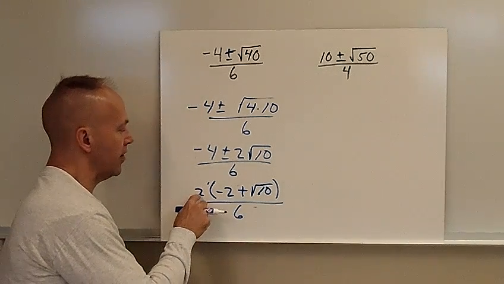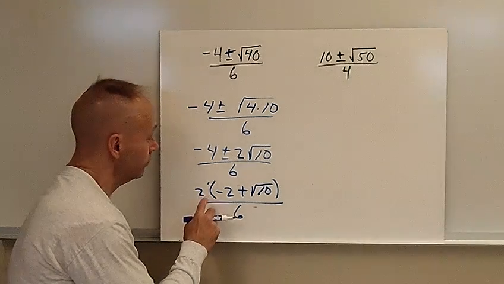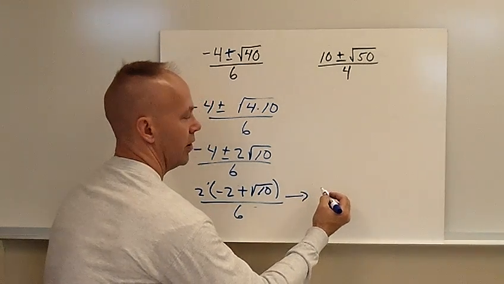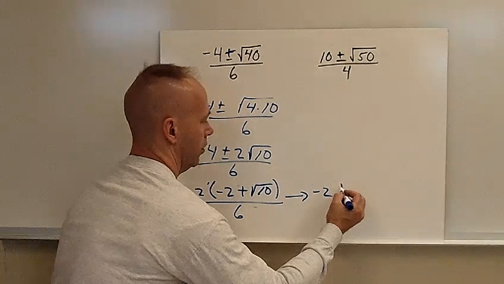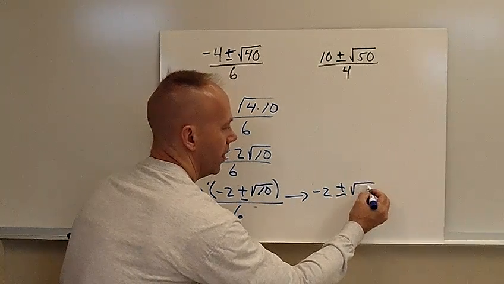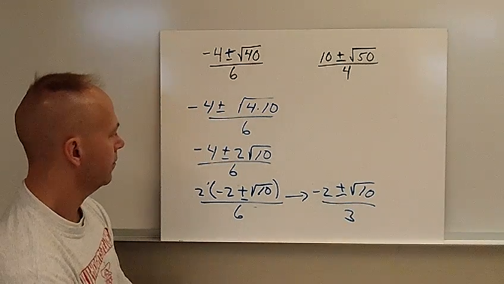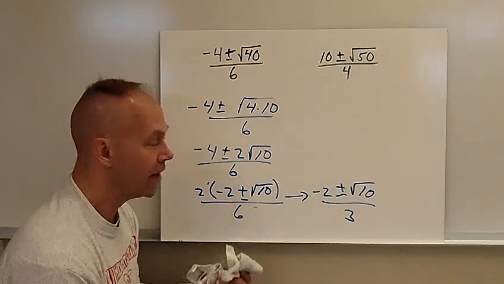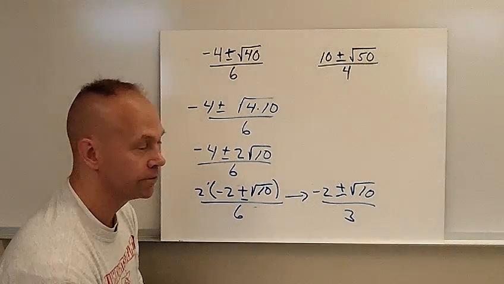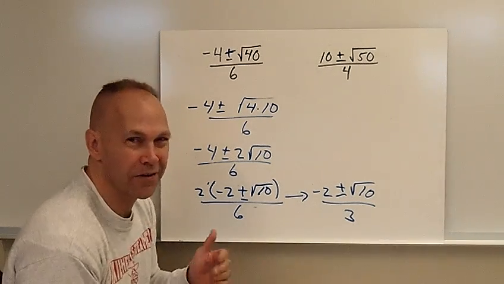And now I can take this monomial 2 and simplify it with this monomial 6. 2/6 is 1/3. And so I end up with -2 plus or minus, I forgot my minus there, radical 10/3. And what we get is the same thing we had before, except it's written as a binomial over a monomial. Equivalent expressions. Okay, I kind of like the first way better.